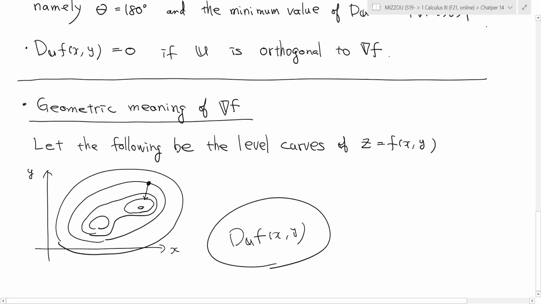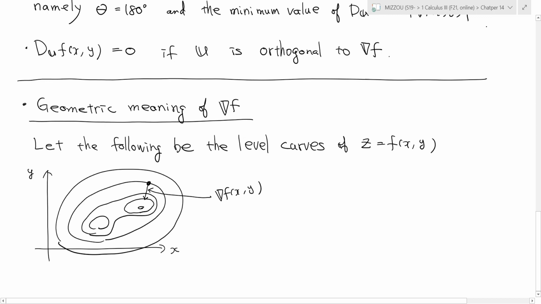And that direction is the direction of the gradient. So the gradient vector here is the direction directly pointing to the summit. And of course, if you look at the opposite direction, that's the steepest, but steepest going down. So that's the minimum rate of change, the smallest negative. And that's where the directional derivative is a minimum.